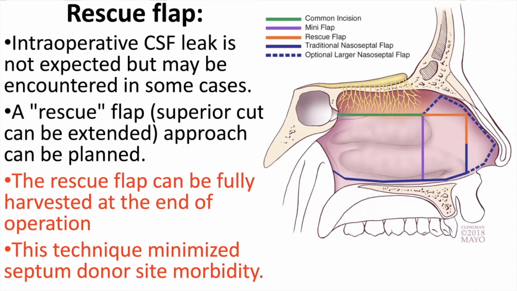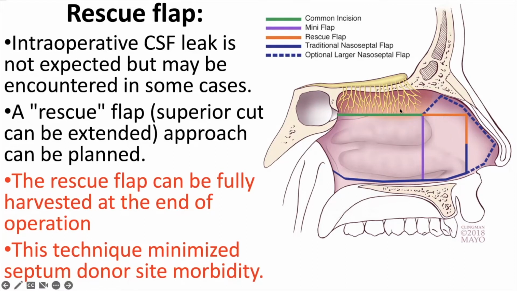So what is a rescue flap? Rescue flap is when you make only the superior cut. So you make the superior cut, mobilize the mucosa, take out the bone, and make an opening in the mucosa of the opposite side, so that you can have a binostril approach.